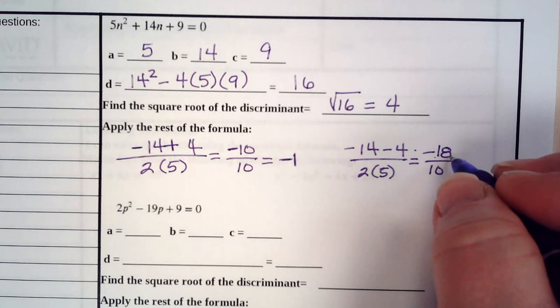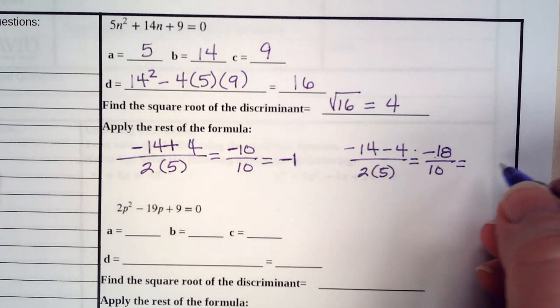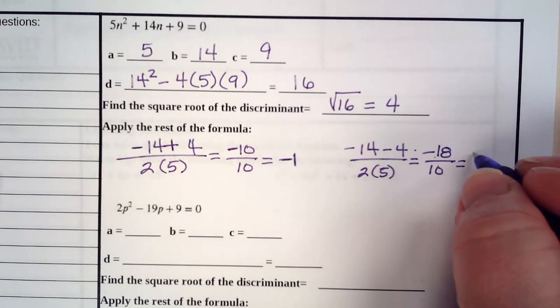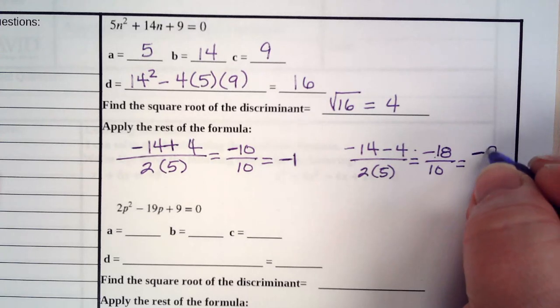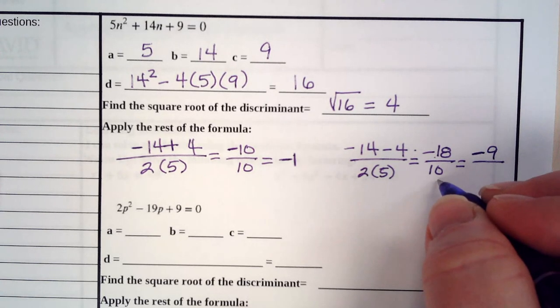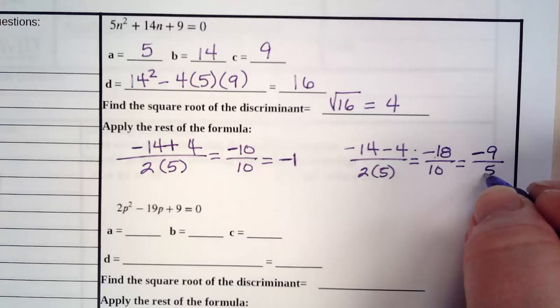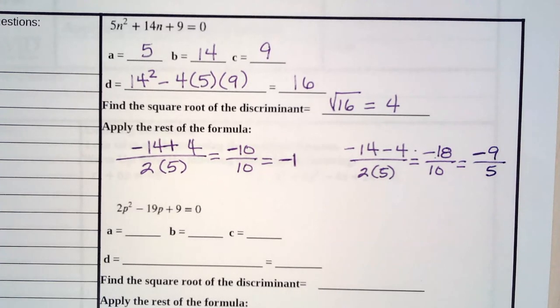Yes. Both are divisible by 2. 18 divided by 2 is 9, so it's negative 9 over 10 divided by 2 is 5. So those are the two areas where that quadratic crosses the x-axis, where y is equal to 0.